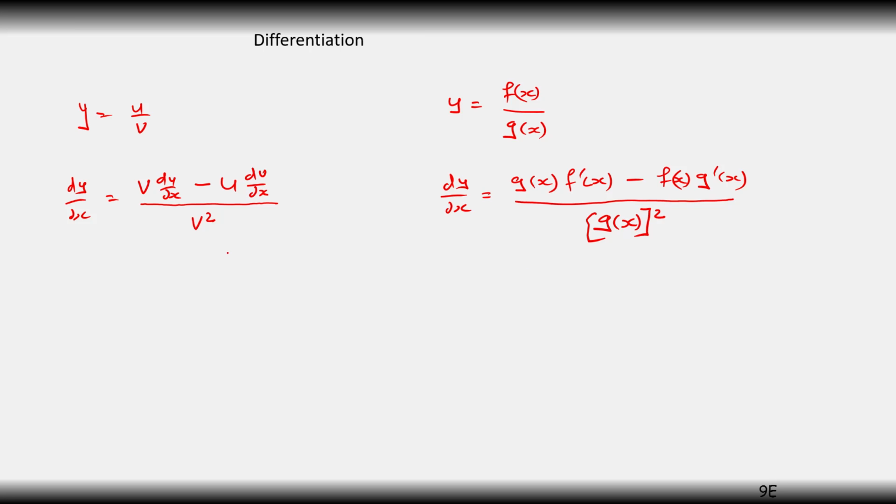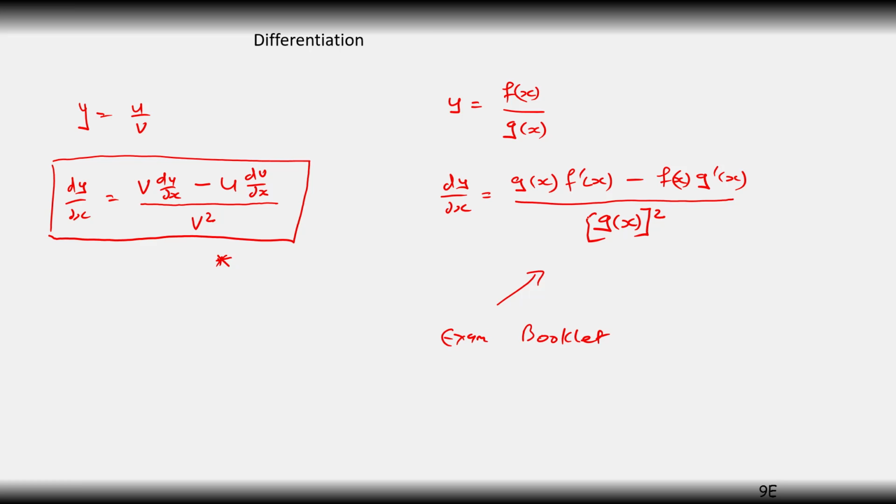You use this form in the main. However, in the exam booklet, this is the version you'll be given. So hit pause, make some notes. When you're ready, hit play again, and we're going to look at an example.